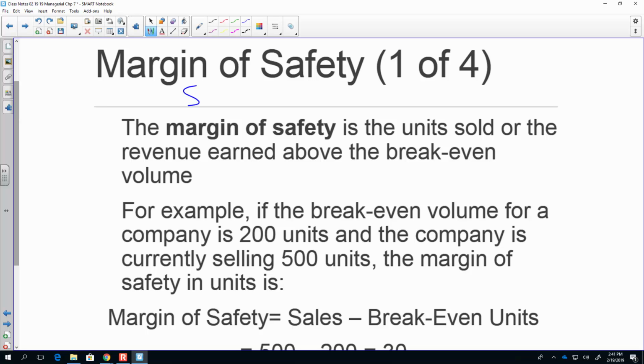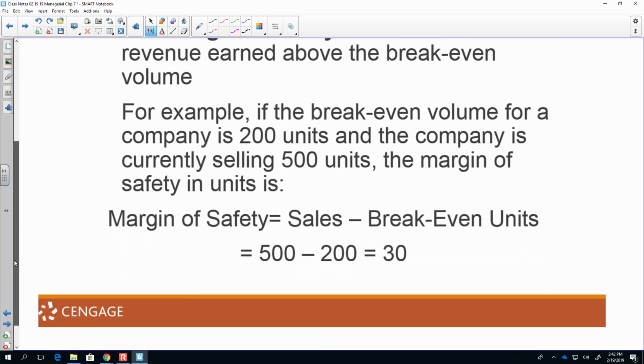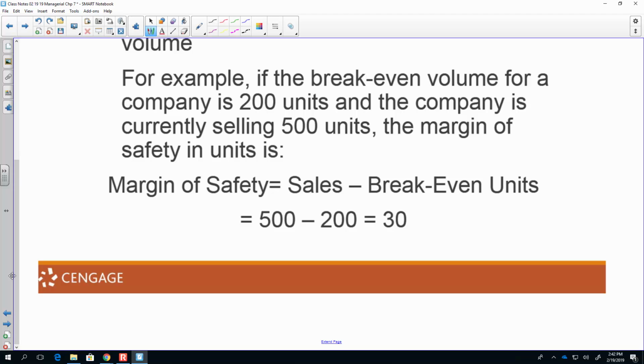Again, it is a simple computation. It's not difficult. It's a difference. Margin of safety is covered on page 359. All it is, is our current sales volume minus our break-even units.